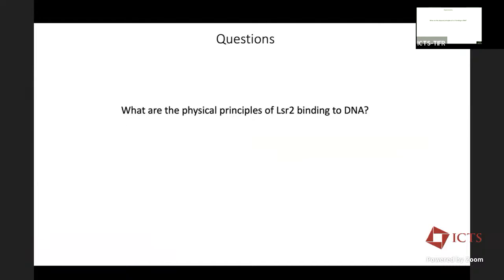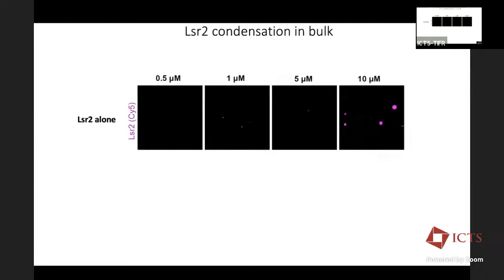What are the physical principles of LSR2 binding to DNA? One. Second is, again, what is the role of DNA sequence? Now, this is data Mahipal already showed, but I wanted to show it anyway: if you increase the concentration of LSR2 in an in vitro solution, you see that the number goes up, right? There are condensates that form at a concentration of about 10 micromolar.